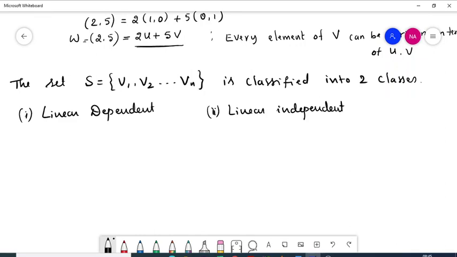How to classify the given vectors v1, v2, ..., vn to be linear dependent and independent? For that, let us consider this one.